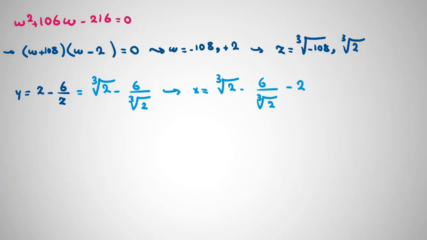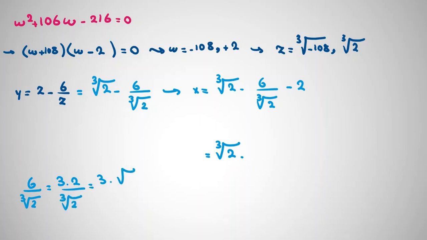You can also write this if you want to rationalize. You can say the cube root of 2, then you can write 6 as 3 times 2. Let me explain here. 2 is the cube root of 2 times the cube root of 2 times the cube root of 2.